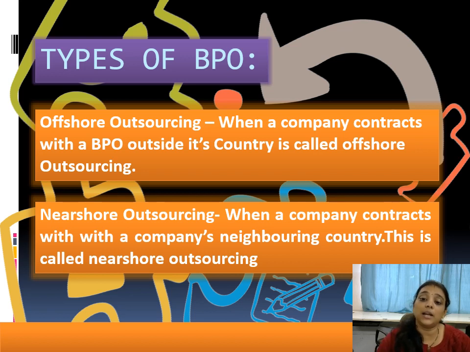So when a company contracts with a BPO, that is business process outsourcing, outside the country, it is called offshore outsourcing. And when I take the same services from a neighbor country, I call it near shore outsourcing. Near means neighbor, and offshore means from some country farther away, right?